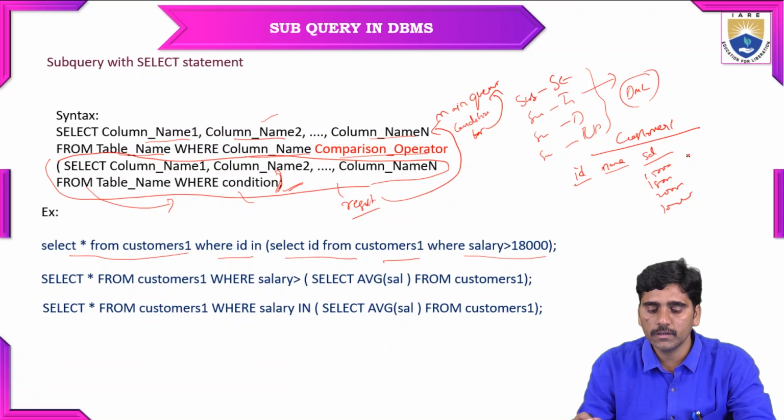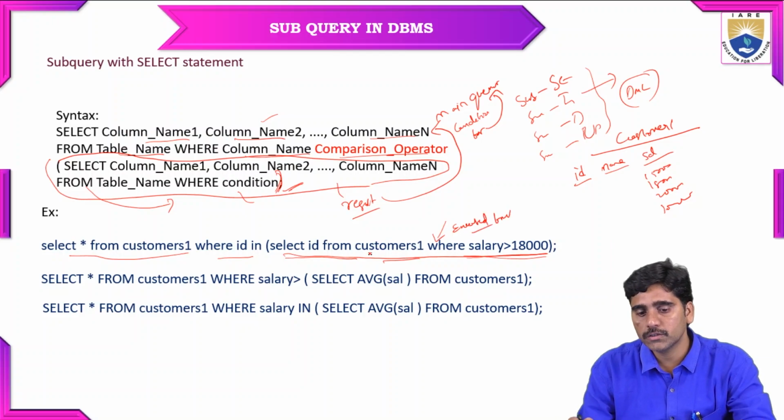Now I am taking this as a condition. First, I write the subquery: SELECT ID FROM customer1 WHERE salary > 18000. The subquery will be executed first. ID 1 has 15,000, ID 2 has 18,000, ID 3 has 20,000, and ID 4 has 30,000.